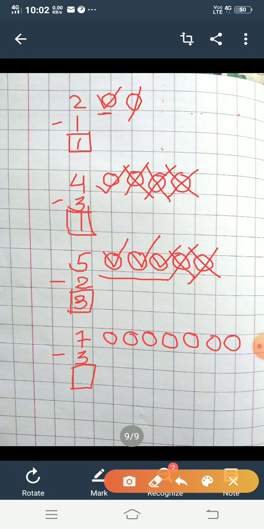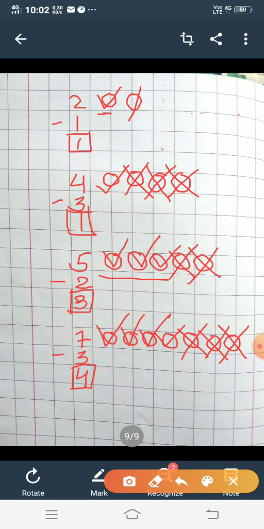From these 7 circles, we will take away 3 circles, 1, 2, 3. How many circles are remaining here? 1, 2, 3, 4. So the answer is 4.